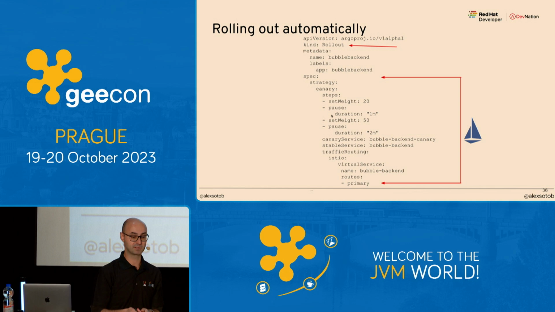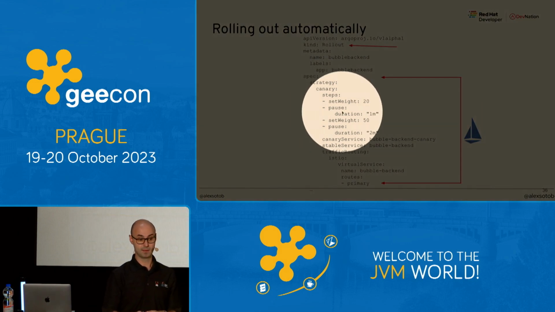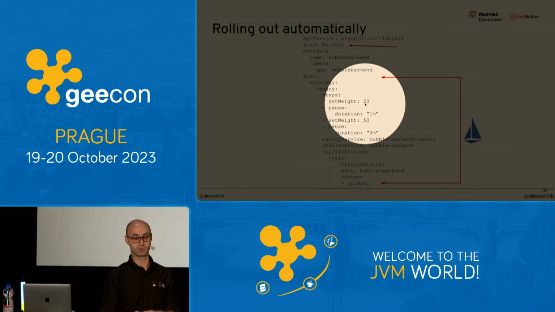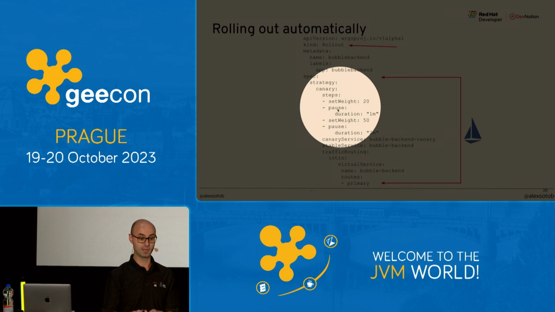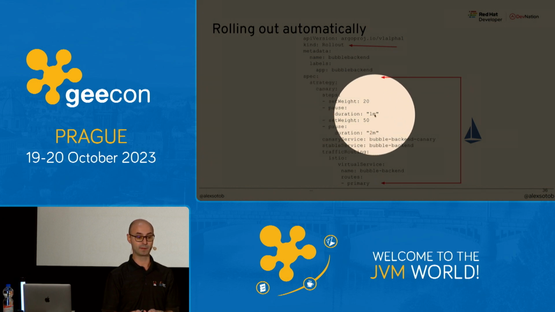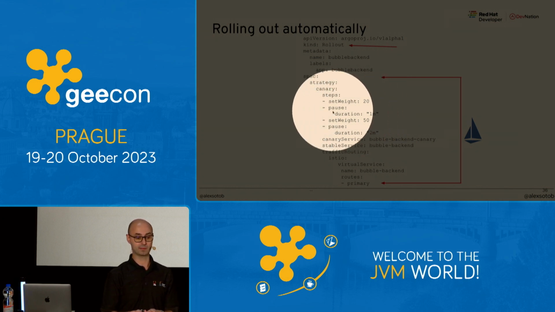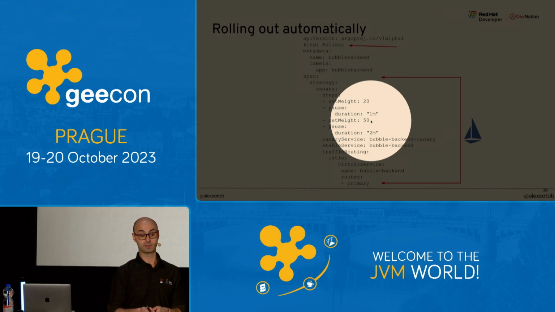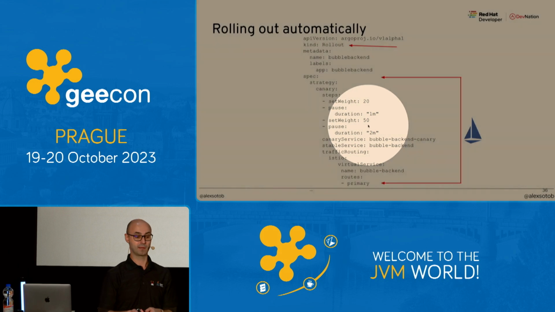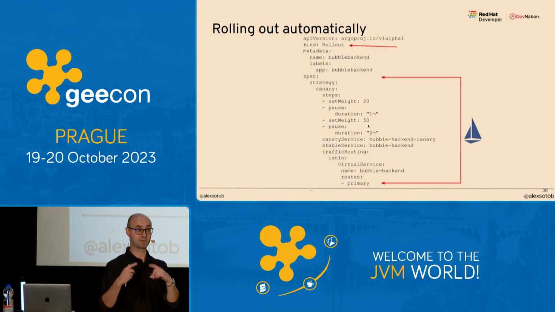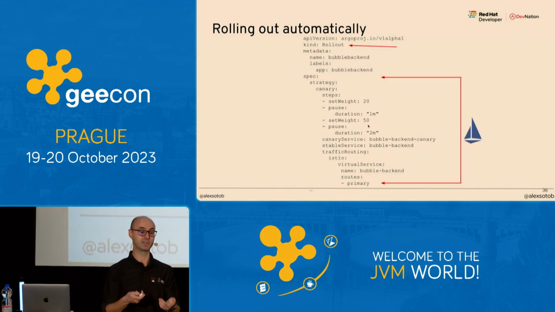In this case, I'm saying, look, I want to create a canary release. First of all, I want to start sending 20% of the traffic to the new version, 80 to the old version, and wait for 1 minute. Then after 1 minute, I want to move to 50-50 and wait 2 minutes. If there is no error and everything works as expected, then finish the release.